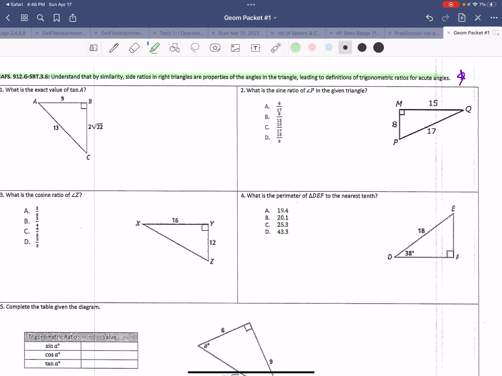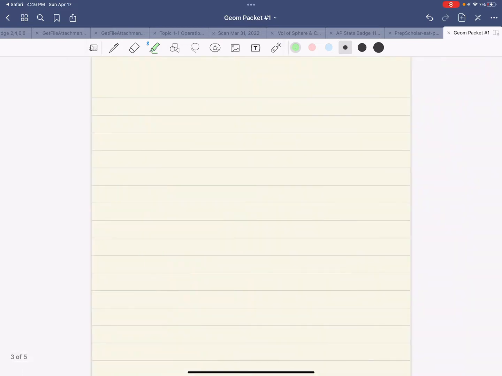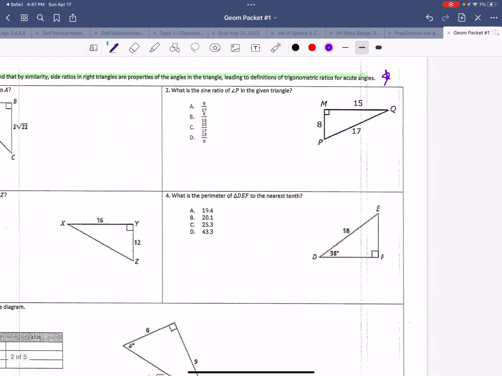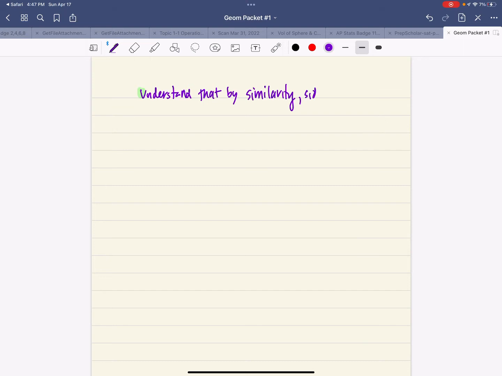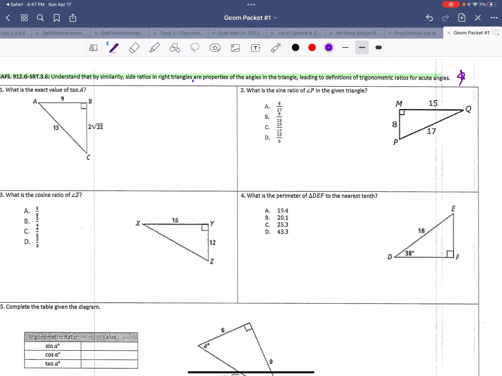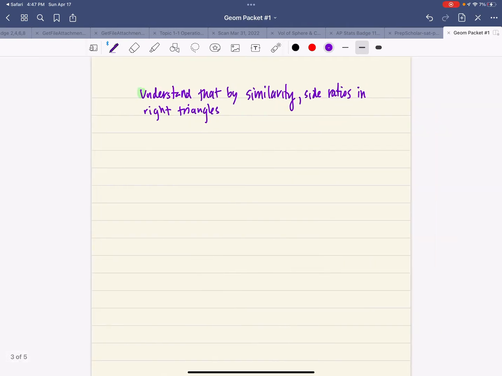So understand that by similarity, side ratios in right triangles are properties of the angles in the triangles.